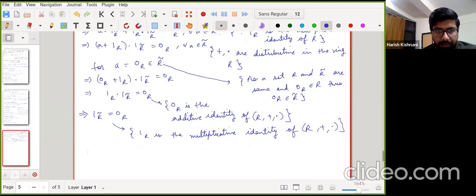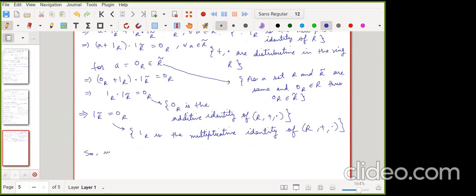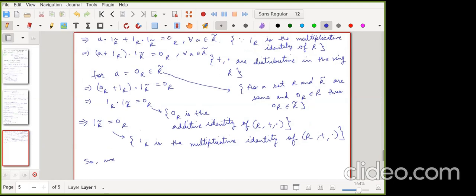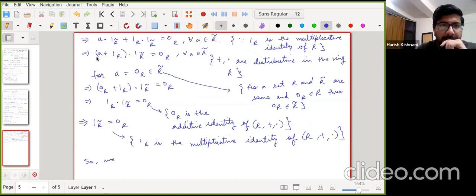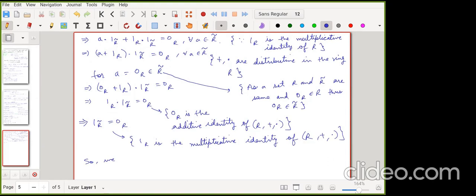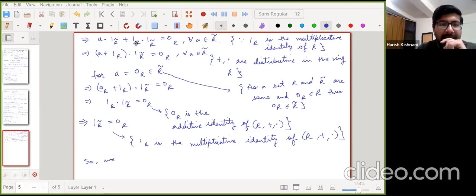I have a doubt, sir. If A is equal to minus identity of R, then every element is multiplied identity, sir. See, that's what I'm saying, that for something to be a multiplicative identity, it should hold for every element of A, every element of the ring.